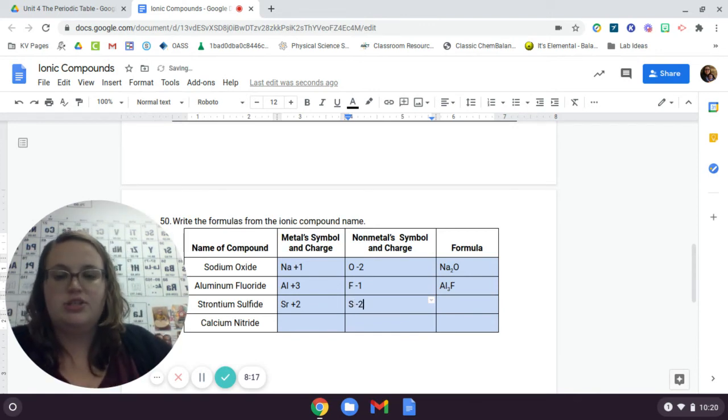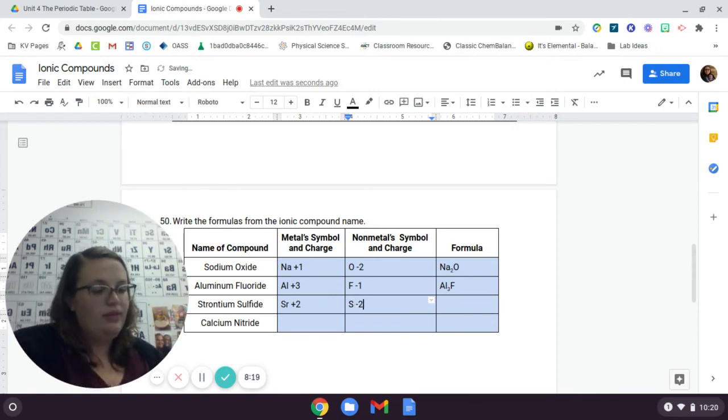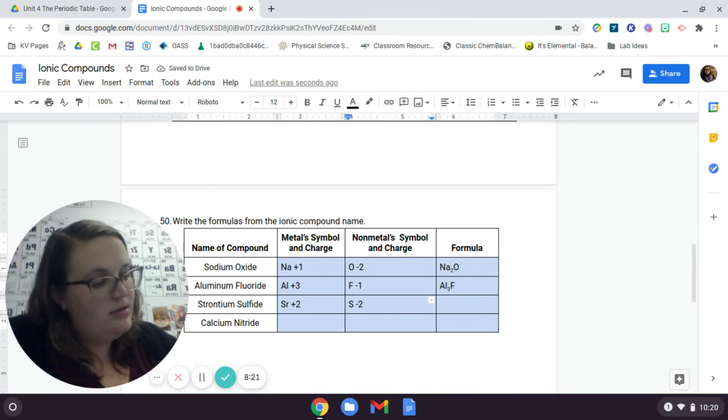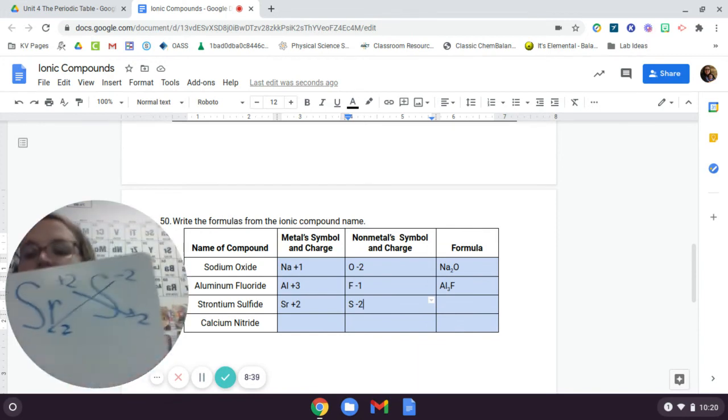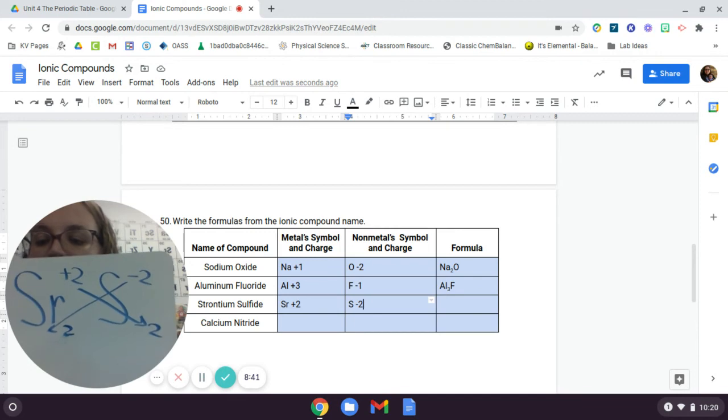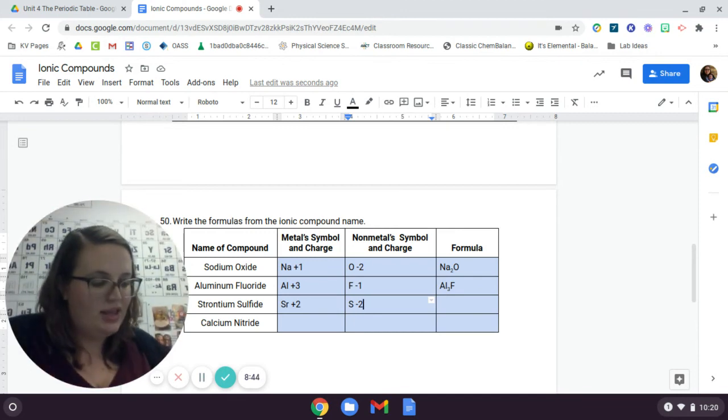So I'm going to crisscross those, and I'm writing this down. I'll show you in just a second. Oh, that's a 2. All right, so I crisscross my +2 and my -2.